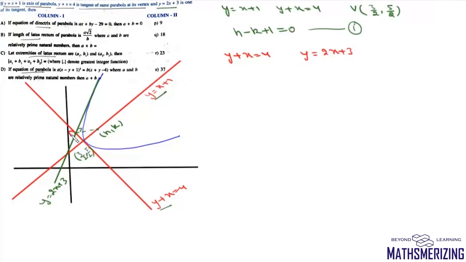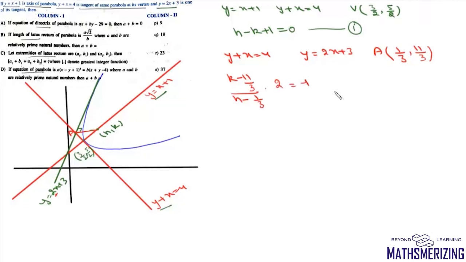Say this point is A. The coordinates of this point A are (1/3, 11/3). Now we know that the line from the focus to A is perpendicular to this tangent, so we take the product of the slopes and put it equal to minus 1. So (k minus 11/3) upon (h minus 1/3), into the slope of this line, which is 2, is equal to minus 1.